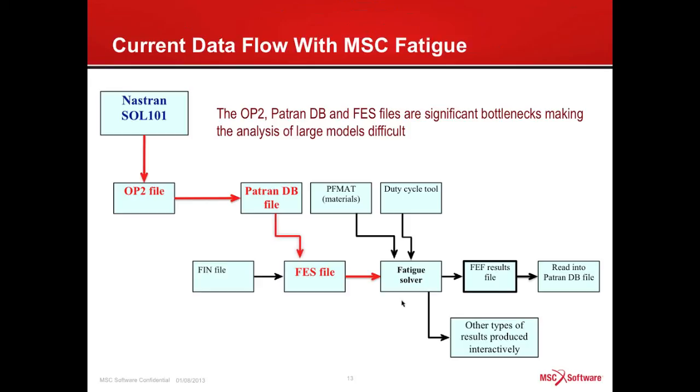Now what's interesting, if we look at the overall process, the input to Nastran, even for a very big model, would have been probably around 50, 60, 70 megabytes. The results from Patran at the end, the fatigue results, would also be relatively small, maybe a similar size, 50, 60, 70, 80 megabytes.